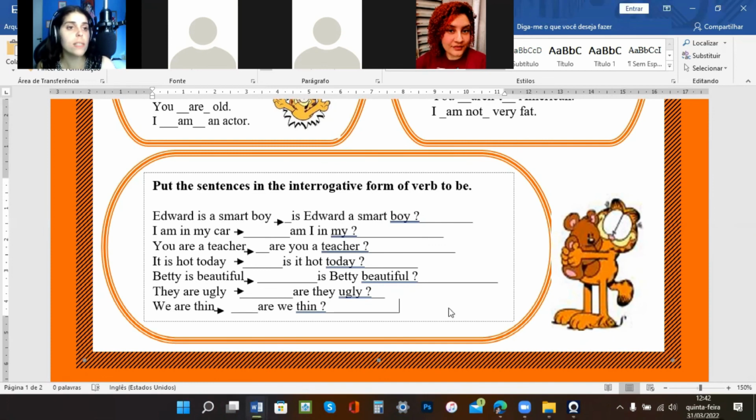Eu estou perguntando se vocês têm dúvidas no geral, não só sobre o que a gente está estudando aqui, que é o verbo to be, mas dúvida de vocabulário também. Vocês podem perguntar se vocês quiserem. What is thin in Portuguese? In this case, it is magro. Ah, okay. Thin. I'm not thin.